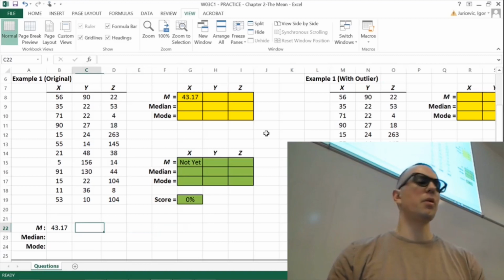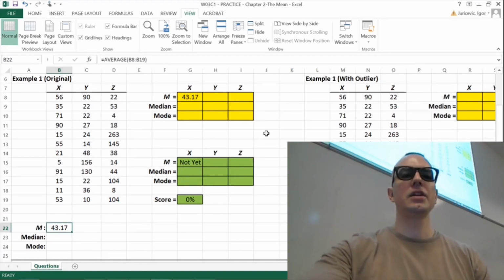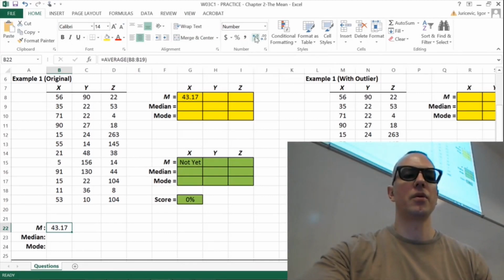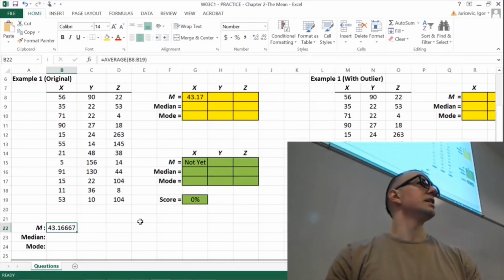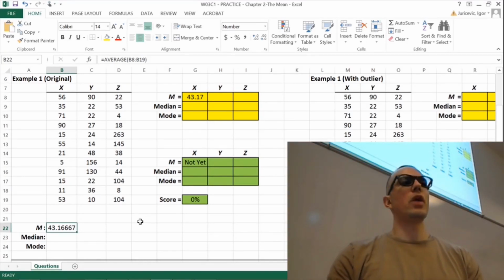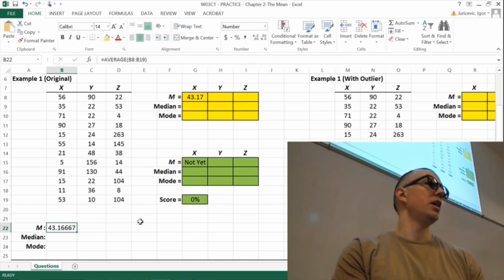Why isn't 43.17 correct? The answer is that it says 43.17, but it's not 43.17. It's 43.1666666666.